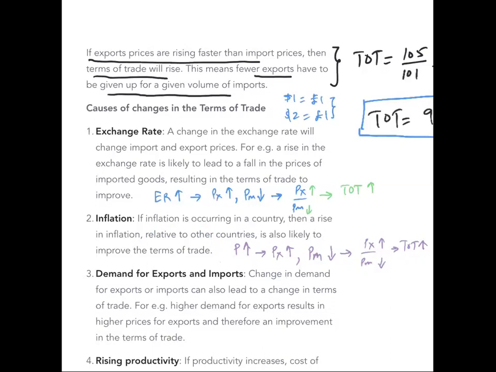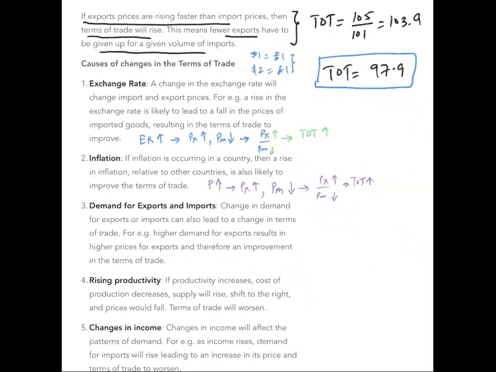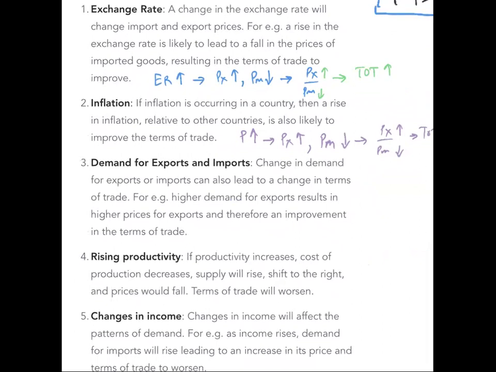Okay. Now, moving on to the next factor, which is another reason why terms of trade can change: demand for exports and imports. So, for example, guys, what if I tell you that the demand for exports goes up? If demand for exports goes up, we know when demand goes up, price goes up.